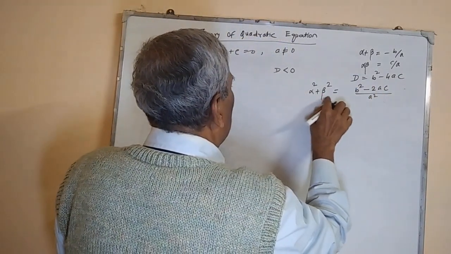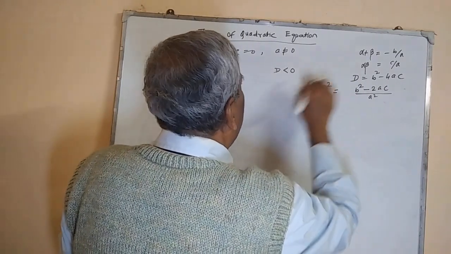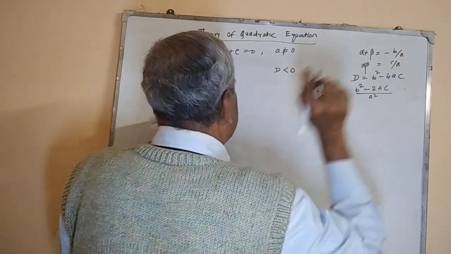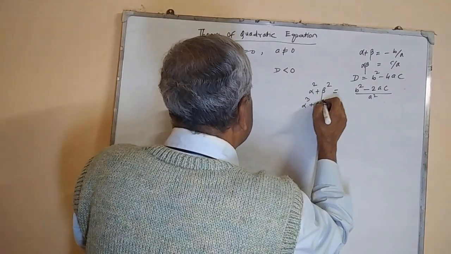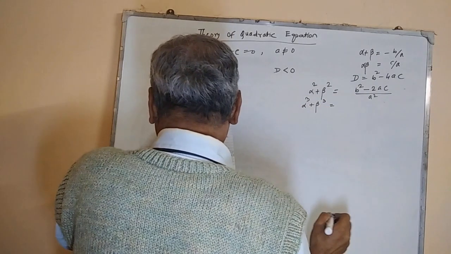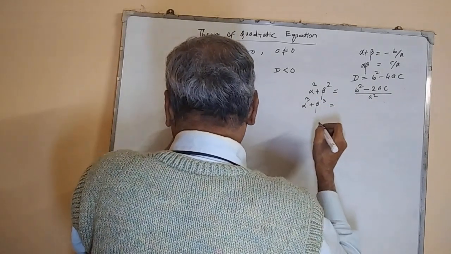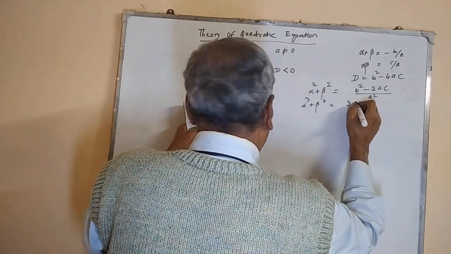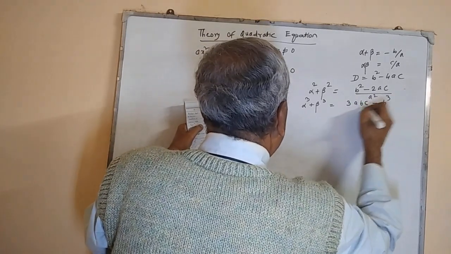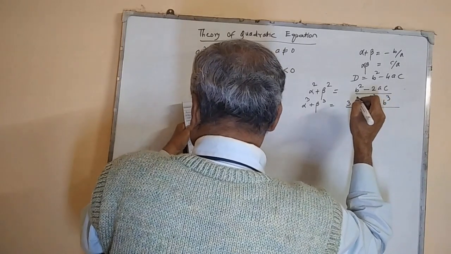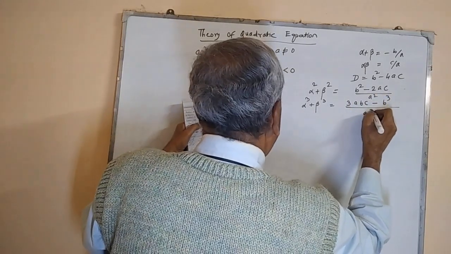It is (alpha plus beta)² minus 2 alpha beta, and from these relations it is this. Alpha cube plus beta cube, another symmetric function of roots, is equal to (3abc − b³)/a³.